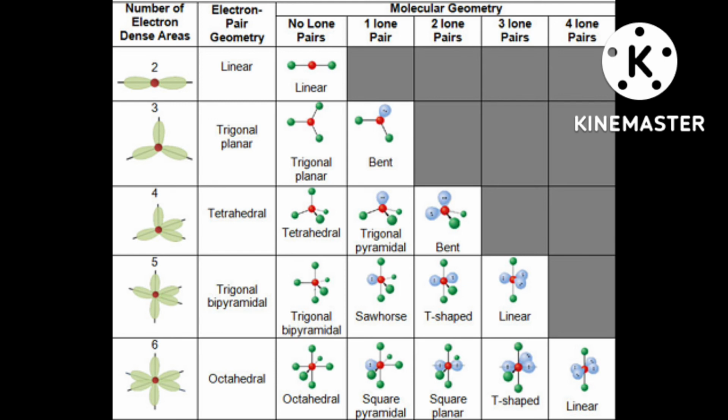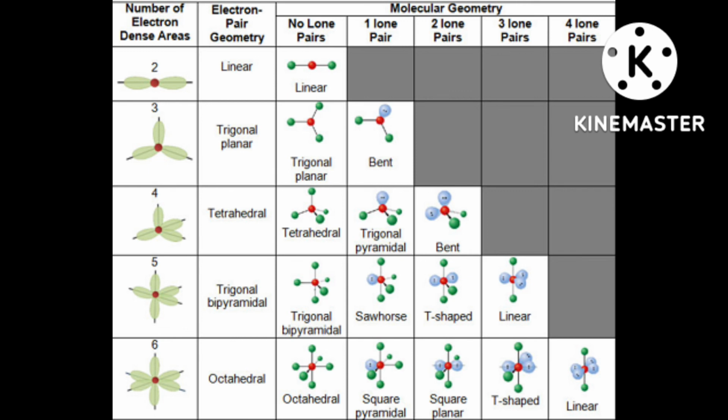Then in AB5, 2 types of angle will be present, 90 degrees and 120 degrees. The shapes depend upon these angles, and I have told you about some shapes according to the angle.